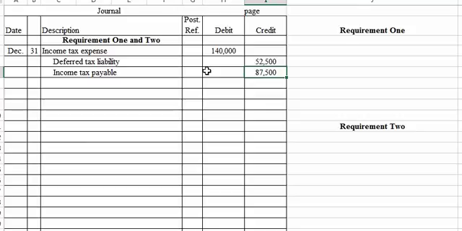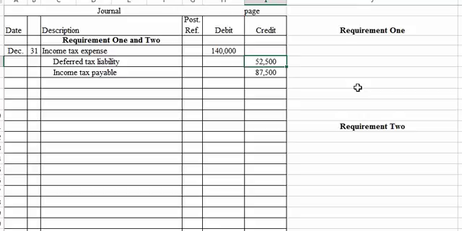When would you rather pay your taxes, today or sometime in the future? Well, you'd always pick sometime in the future. You want to put them off if you can, right? So this is kind of an odd situation where we would really prefer to have a deferred tax liability than an asset. Deferred tax liability means we're going to have to pay more taxes in the future, but it also tells me we were able to delay paying them. Deferred tax assets are created when we pay more taxes today and less in the future.